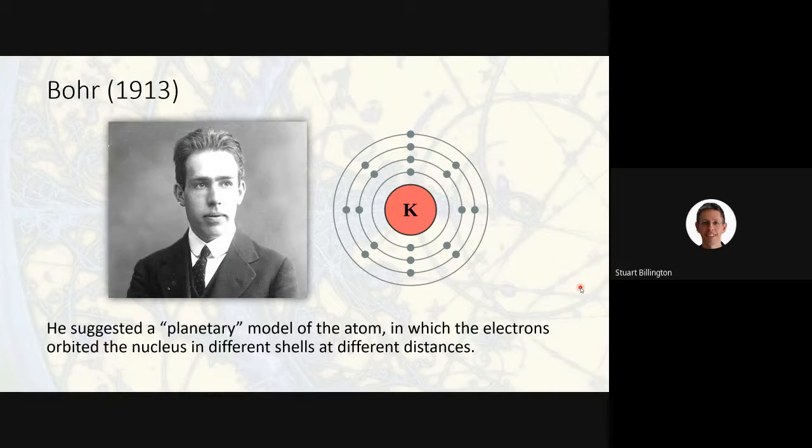Bohr didn't leave it there, though, and we then enter a kind of disappointing era, which we've already discussed in quantum mechanics, where Bohr needs a way of keeping the electrons in their orbits.